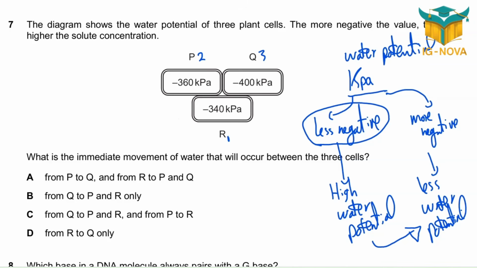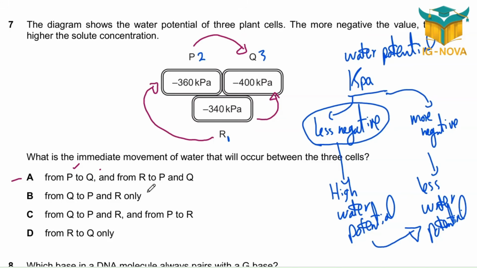So let me change my marker to show the arrowhead for net movement of water between all of them. Definitely water will move as a net movement from R to P, and at the same time from R to Q, and definitely from P to Q. So check options. Option 1, he said from P to Q. Agree?